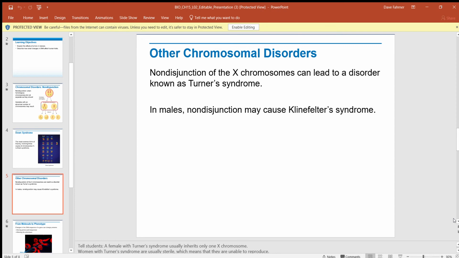And in this particular case, a Turner's female will have 1 X chromosome missing because of non-disjunction. So we call these individuals the XO female, or a 45X, meaning they have 45 chromosomes and they have 1 X chromosome in their sex chromosome complement.